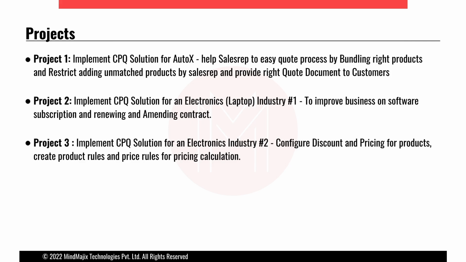Yeah, we will start implementing for one of the scenarios like the automotive industry and its product configurations and rules, and one of the electronics industry, its products and the rules we can configure, and creating a quote for that. For this electronics industry, it involves some software product as a subscription.